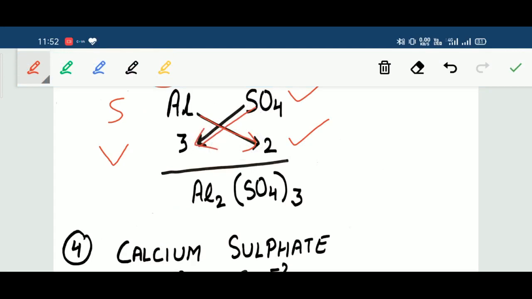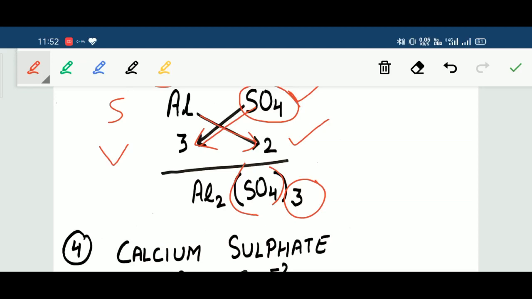Now students, note that because it is a polyatomic ion, this entire entity has to be written in brackets before writing the valency of aluminium. This is the only change that takes place with polyatomic ions. The rest is similar to simple ions.